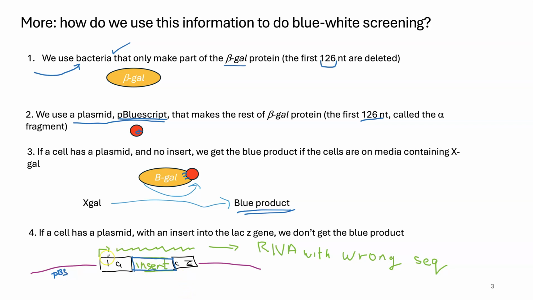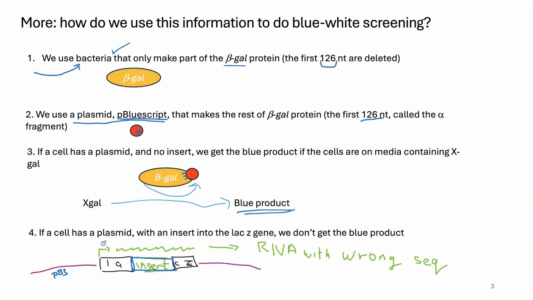And so basically, if you clone your insert in there, you still have the LacZ alpha fragment DNA, but it's interrupted by, in our case, either around 600 or around 1,000 nucleotides of sequence that is the wrong sequence.